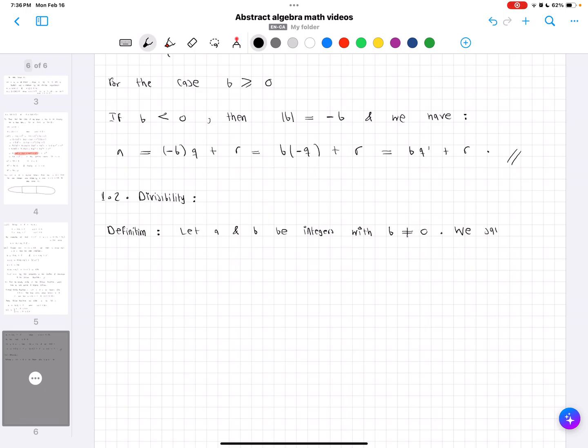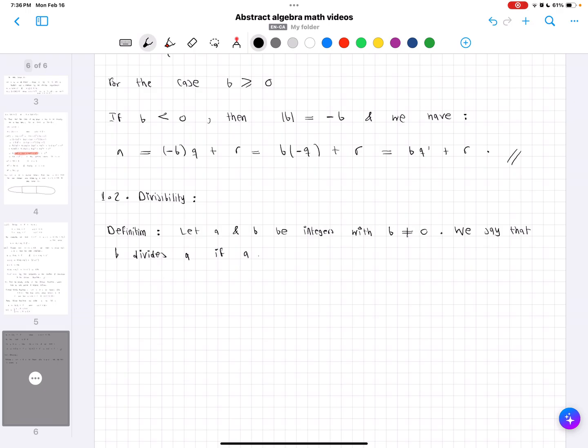We say that B divides A if you can repeat B a certain amount of times to reach A.